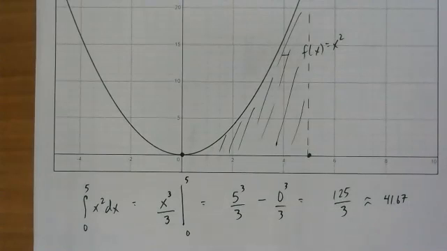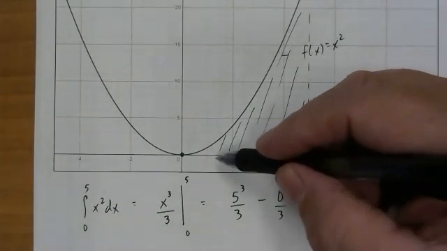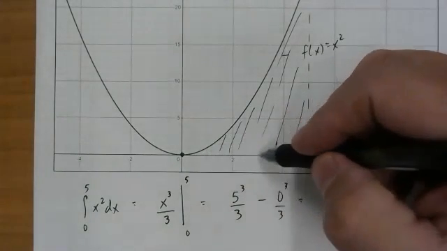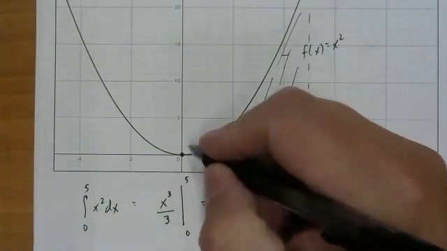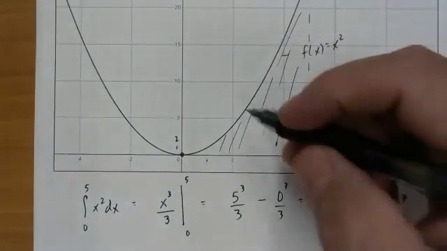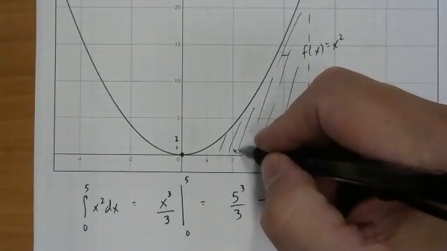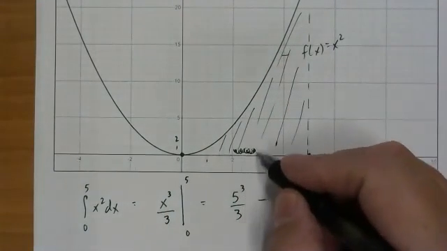Now what's interesting, and we're not going to do it, but if you look here, you have to be careful because along the horizontal axis, this is 1, this is 2, but moving up, for instance right here, even though it looks like a rectangle, that would be an area of 1.